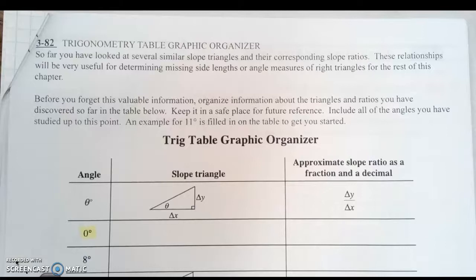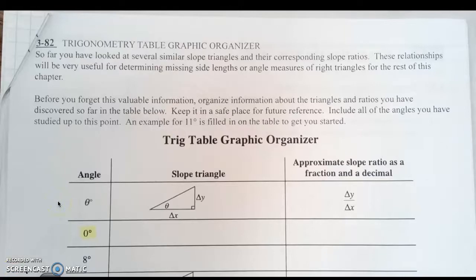Before you forget this valuable information, organize information about the triangles and ratios you have discovered so far in the table below. Keep it in a safe place, it's going to be in your packet for future reference. Include all of the angles you have studied to this point. As an example, 11 degrees is filled in the table graphic organizer you started.